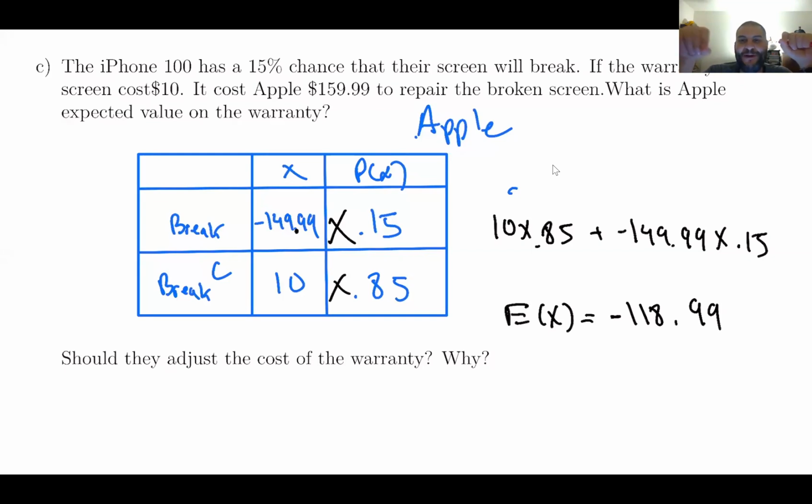So in Apple's point of view, they're losing $118.99 every time they sell this cell phone. Why are they losing money? Or why do you think they're losing money?